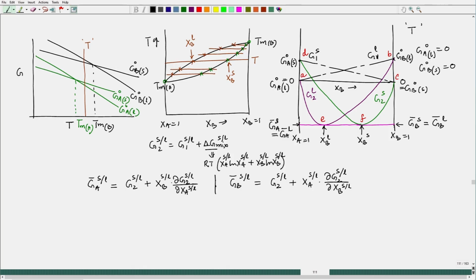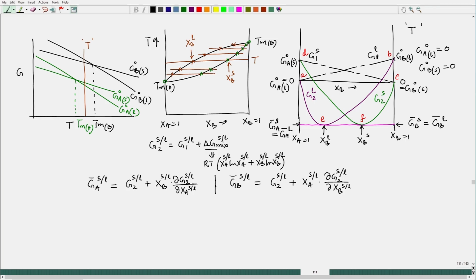So now if we want to find G_A bar for solid, you just omit the liquid part and keep only the solid superscript, and then things will all be placed accordingly. Fine.